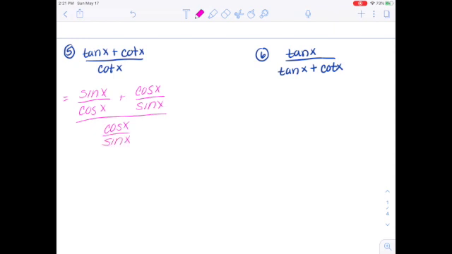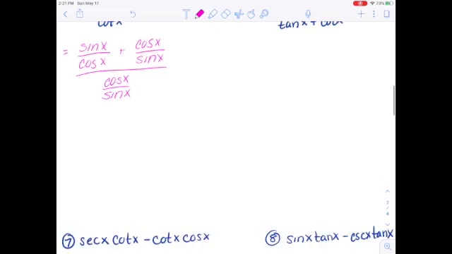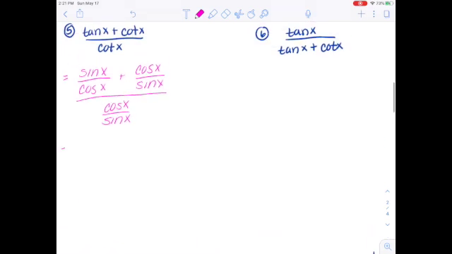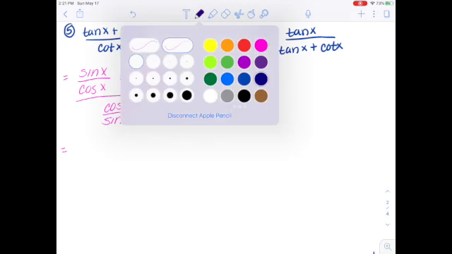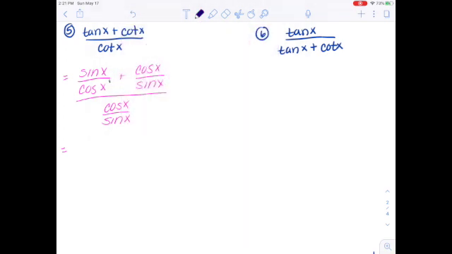All right, let's make our common denominators to add our fractions. Your common denominator would be sine of x times cosine of x. So this one needs a sine of x times sine of x. Over here you need cosine of x, cosine of x.